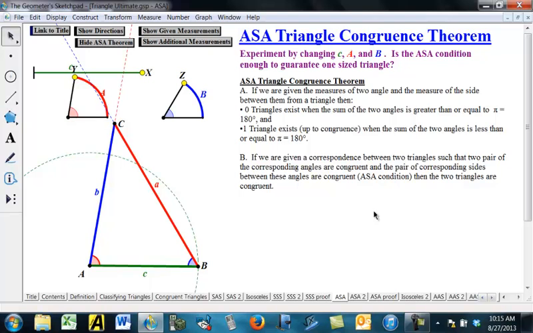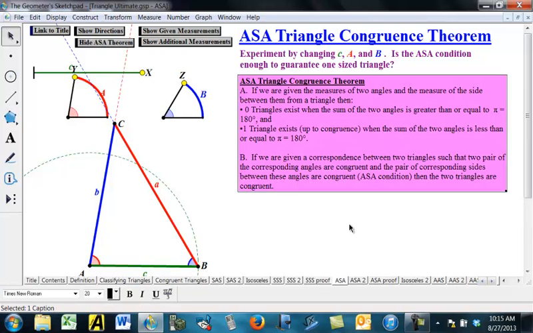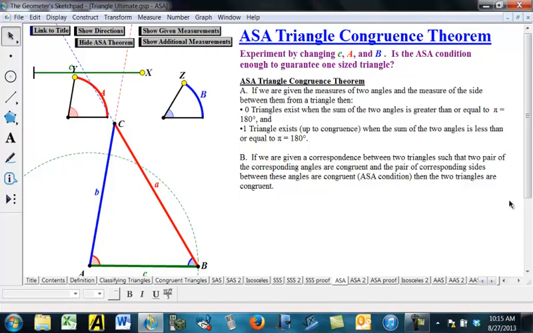First of all, if we're given the actual measurements of two angles and the measure of a side between them, then either zero triangles exist, in other words you can't make a triangle when the sum of the two angles is greater than or equal to pi, that is 180 degrees. On the other hand, if the two angles sum up to strictly less than pi, then exactly one triangle exists, up to congruence.